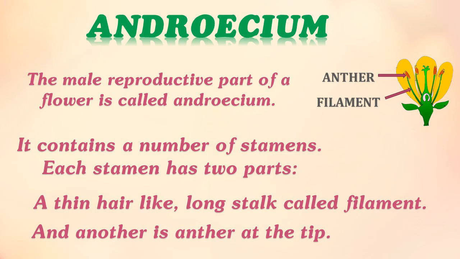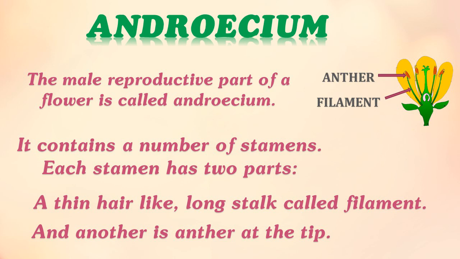The next part of the flower is androecium. The male reproductive part of a flower is called androecium. It contains a number of stamens and each stamen has two main parts, a thin hair-like long stalk called the filament and the other called the anther. The anther contains the pollen grain of the flower.